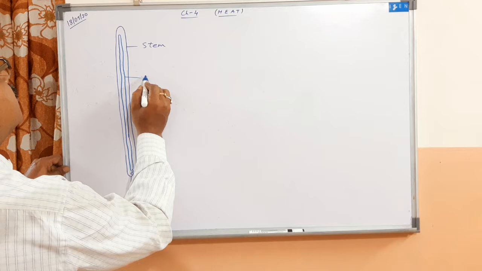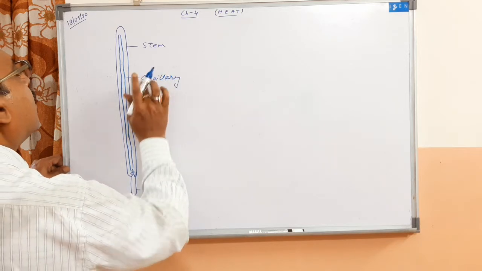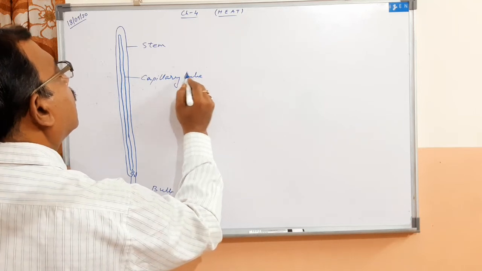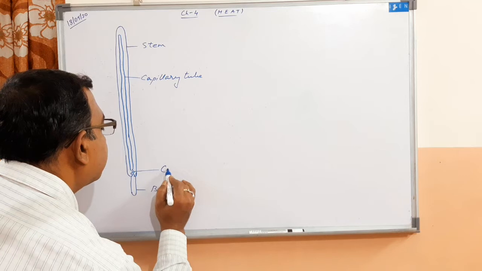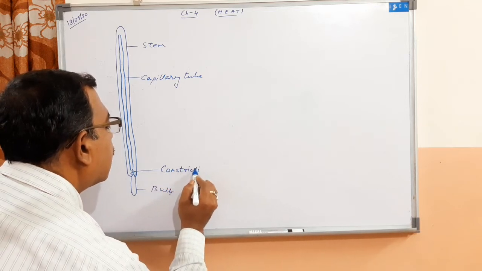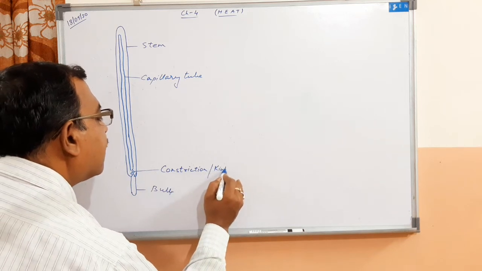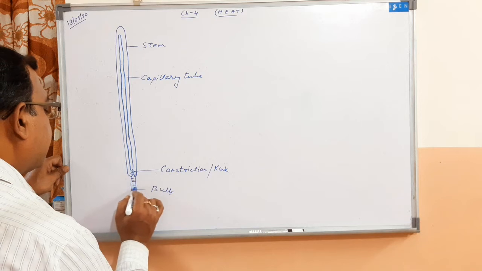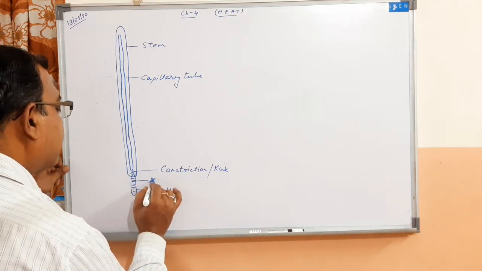This is a capillary tube. This is called the constriction, or it is also called a kink. Inside the bulb, it is filled with mercury.